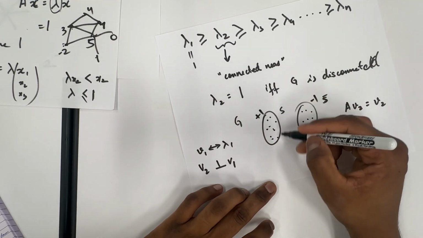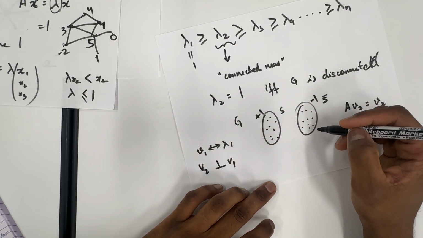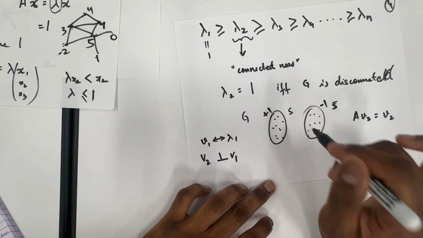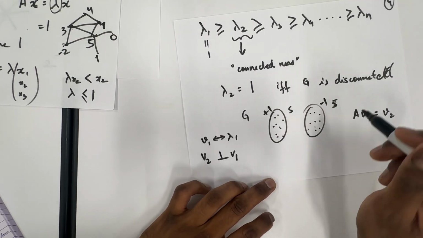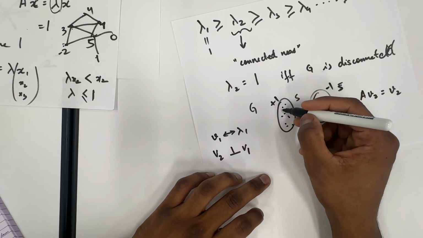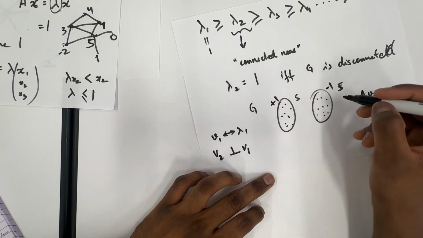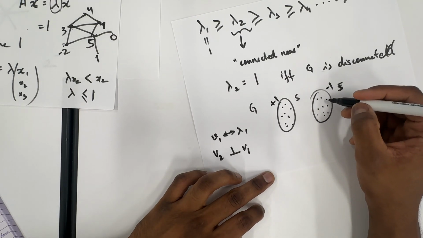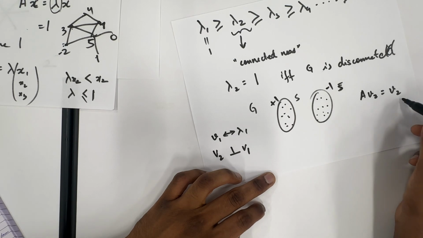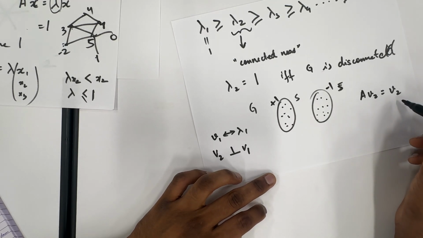So such a vector is an eigenvector to my adjacency matrix operator A, and it still remains the same value, because all the vertices here are at plus 1, and all the vertices here are at minus 1. So lambda 2 is equal to 1, and A V2 is equal to V2.